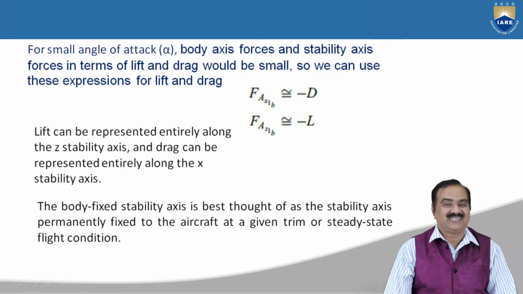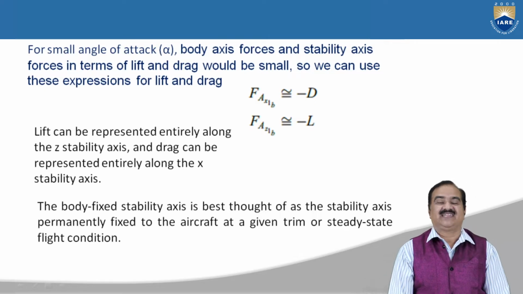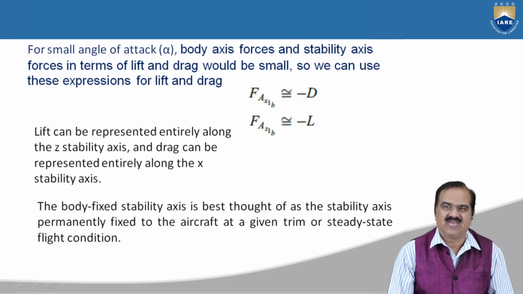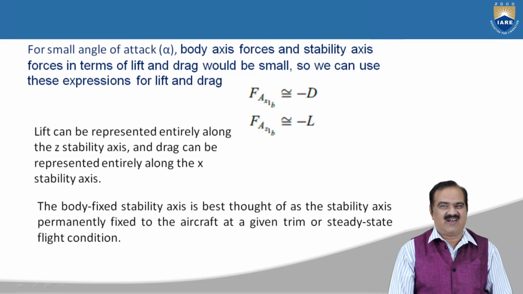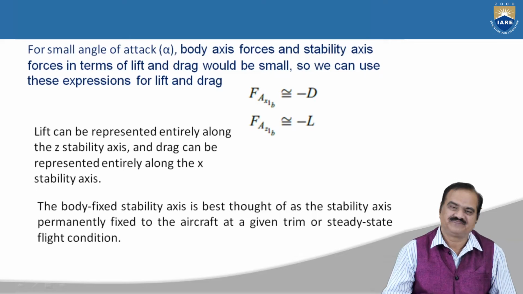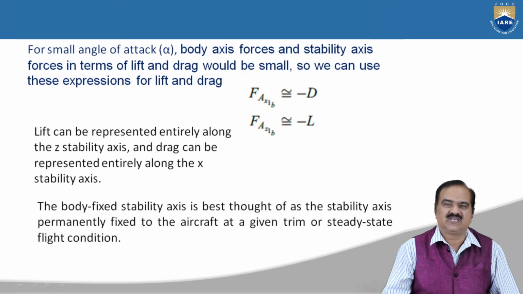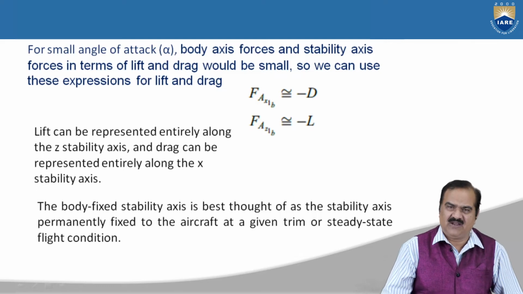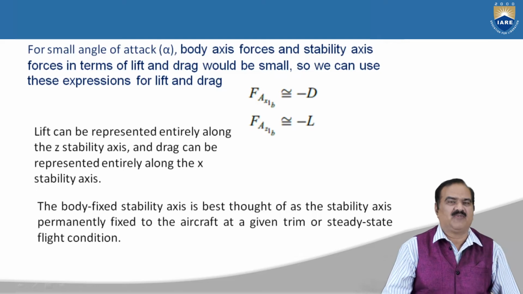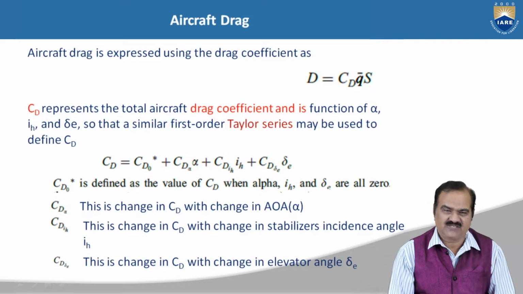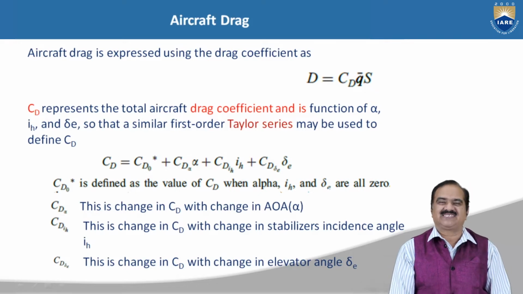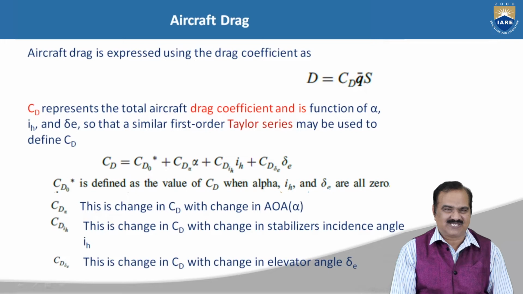So for this reason, we consider the body fixed axis system as the best thought, as the stability axis is permanently fixed with the aircraft at a given trim and steady state condition. So these are the issues we have to consider, and we have to give first priority to the body axis system.